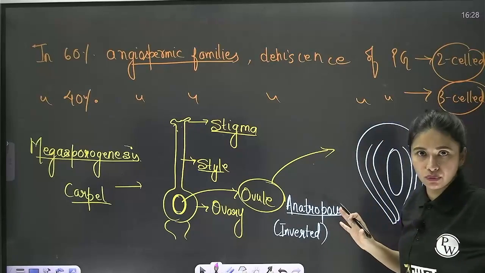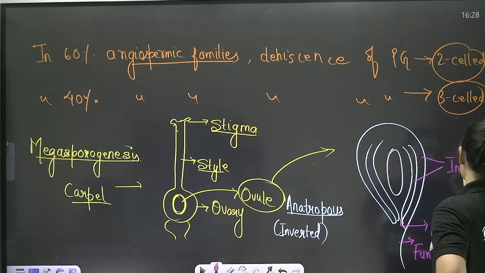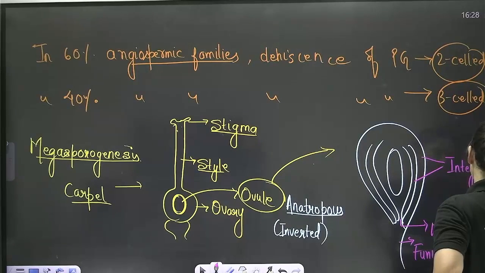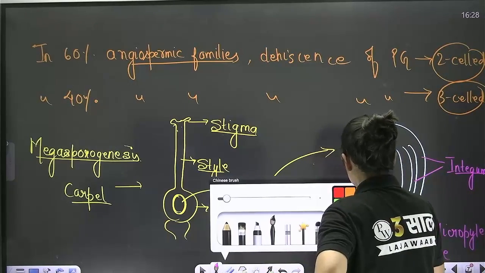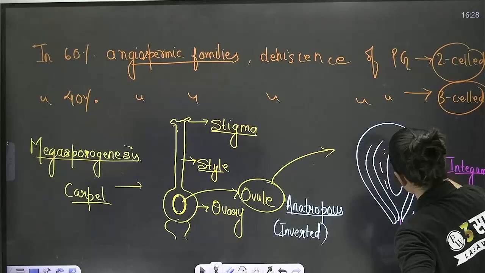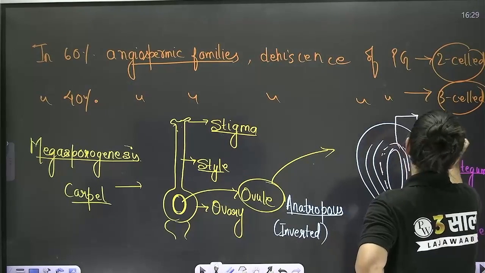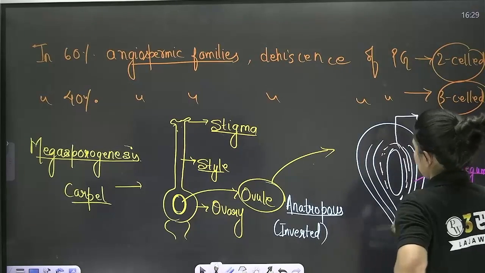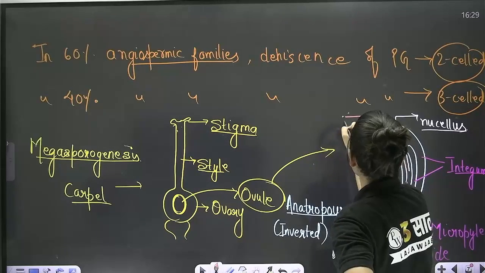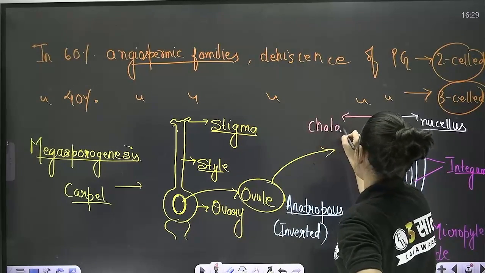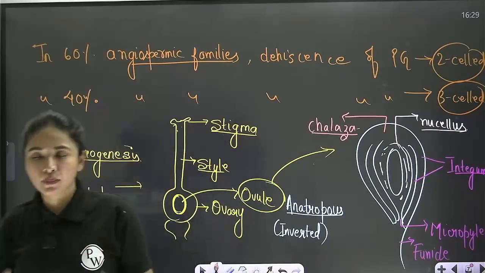Body of ovule is made up of two layers called integument, which encloses a nutritive tissue which is known as nucellus. Now, the base of the ovule which you actually see at the top is known as chalaza. So, this is the typical structure of the most common ovule.